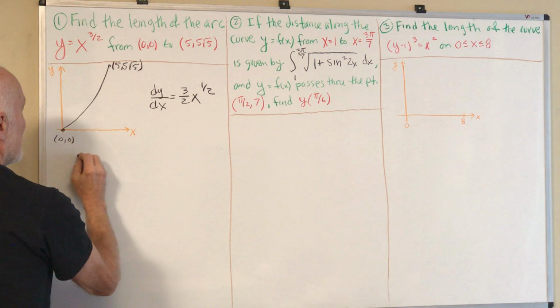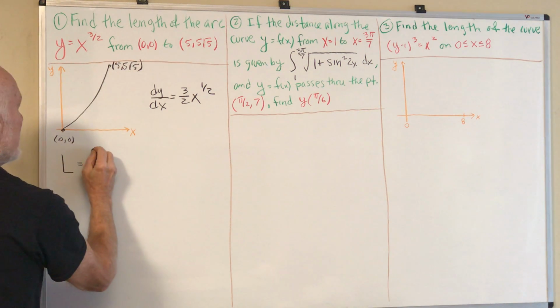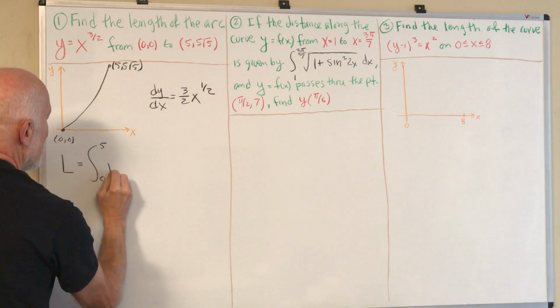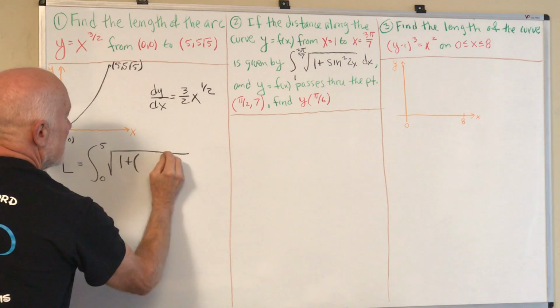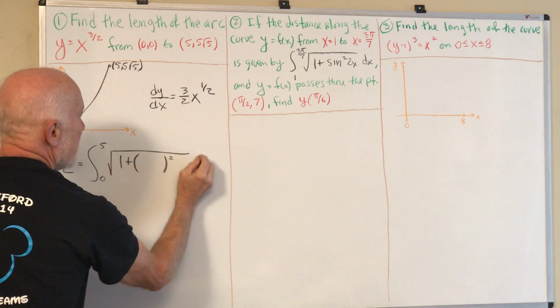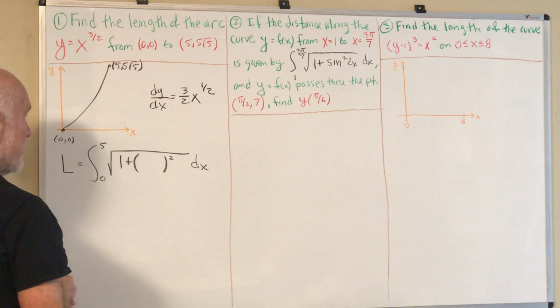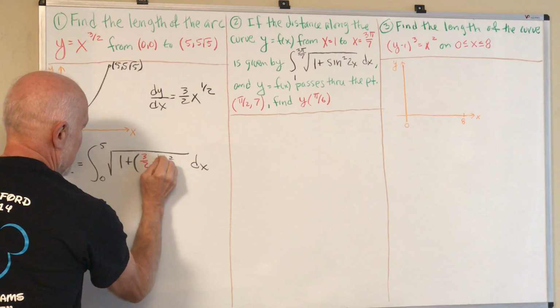So the formula says the length from here to here along the curve is the integral from 0 to 5 of the square root of 1 plus dy dx squared dx. So we put in there 3 halves x to the 1 half.